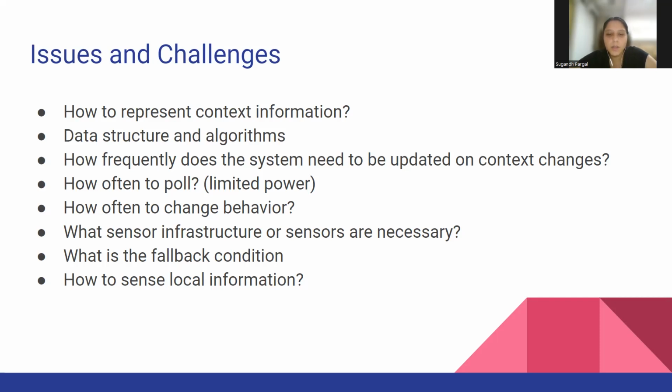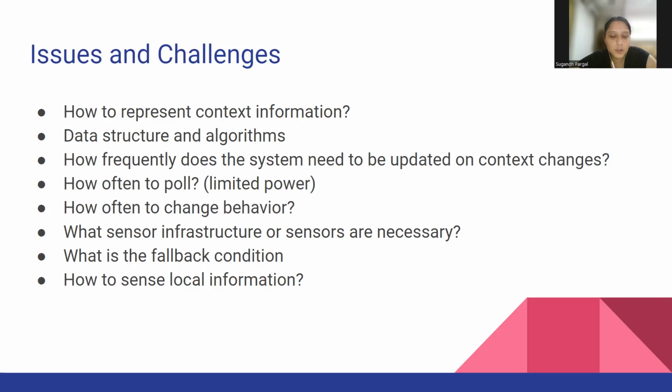This is the most challenging thing when describing context awareness, because each context may require a different set of sensors or a different architecture and infrastructure. So we need to look in depth at each context and decide what relevant sensors are required for it.